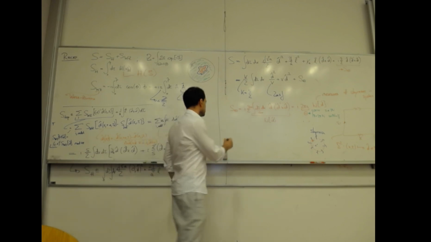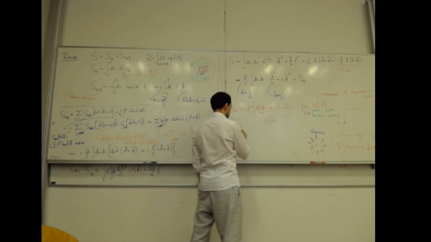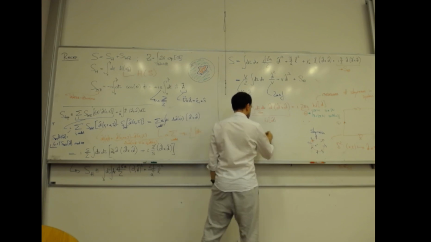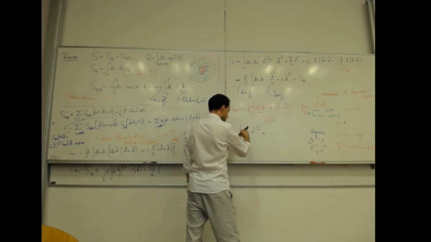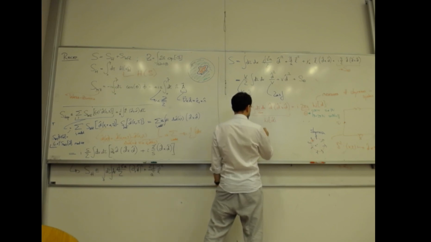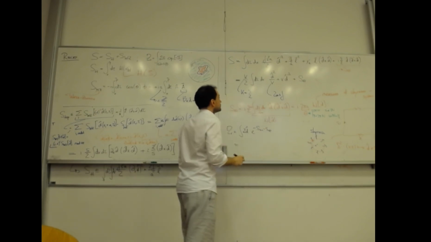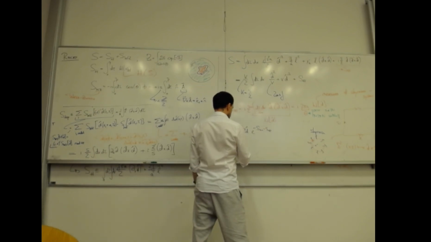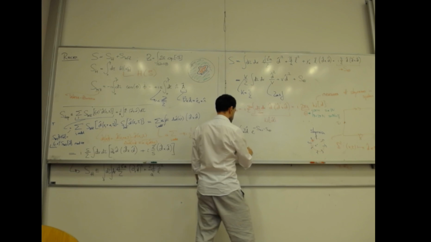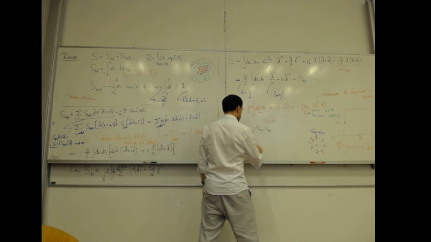That in particular means that this integral, the integral over d of e to the minus S kinetic minus S theta, is going to give me a sum over all topological sectors. And now we have an additional d.